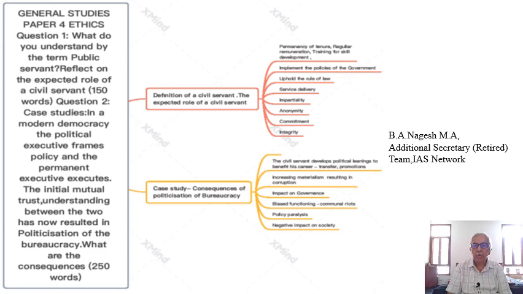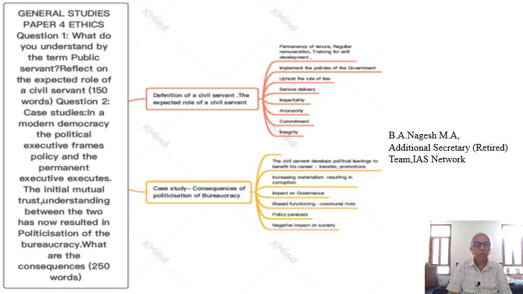So ethics, before we go into today's question, Part A of the paper for 130 marks consists of the fundamental concepts like attitude, aptitude, emotional intelligence, transparency, accountability, then the contributions of thinkers from India and abroad. And Part B consists of case studies related to the concepts.